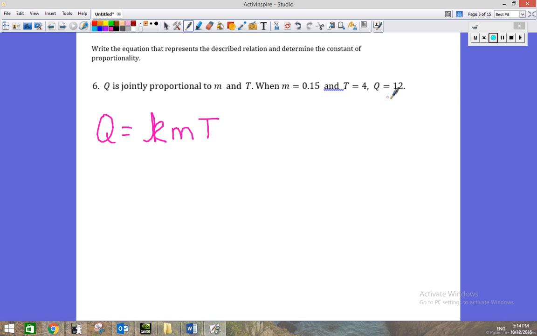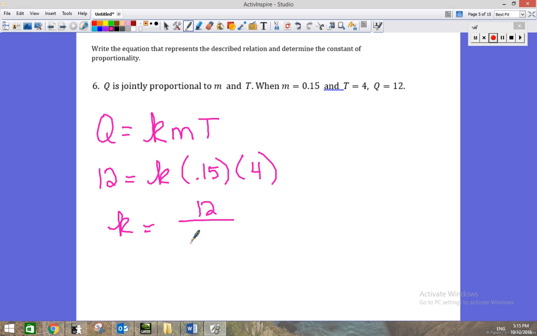So it tells me that q is 12, that m is 0.15, and that t is 4. So I know that k is whatever 12 divided by 0.15 times 4 is, so that's probably 2, but let's check and see.